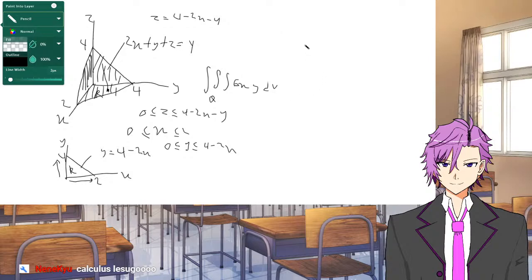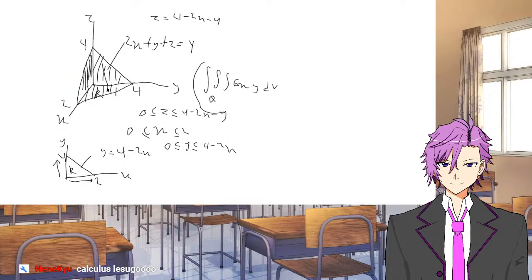So this is the original integral that we're going to use, but this time we'll do Fubini's theorem again. We'll start with z first, the easiest one.